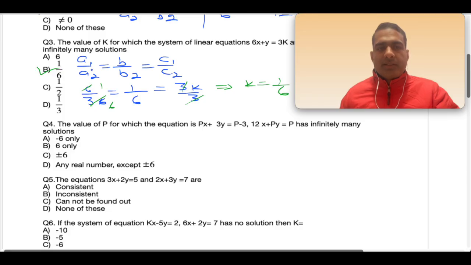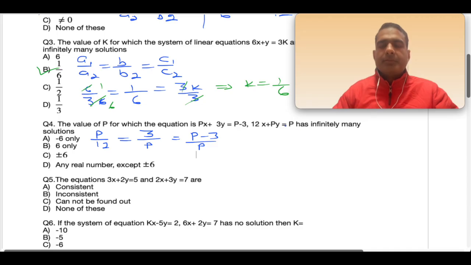So we will be applying the same condition, a1 by a2 is equal to b1 by b2 is equal to c1 by c2. So the coefficients of x in these two equations are p by 12 is equal to the coefficients of y, that is 3 by p, is equal to the constant terms, that is p minus 3 divided by p.